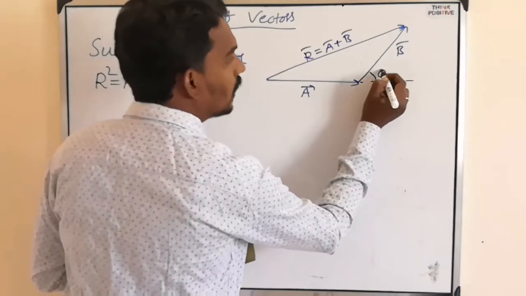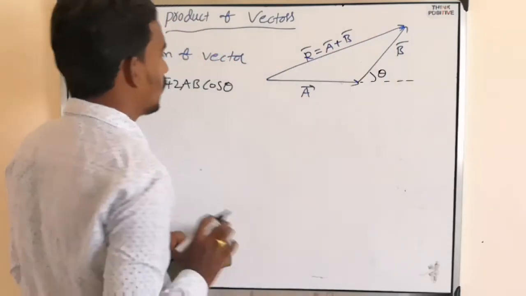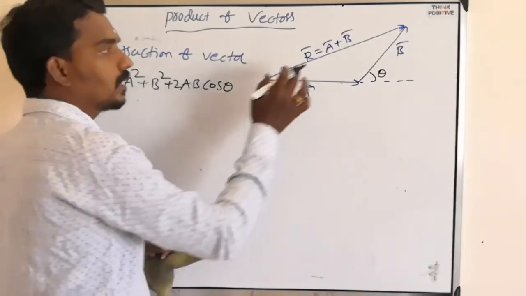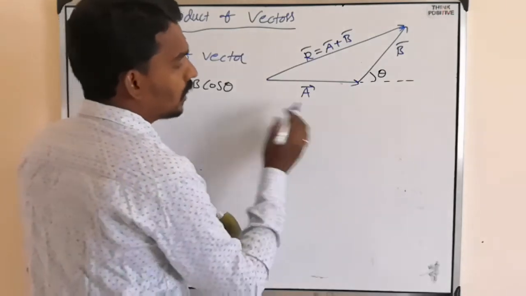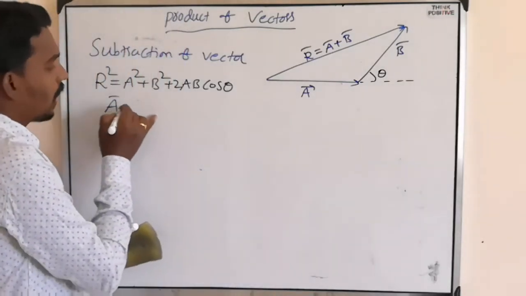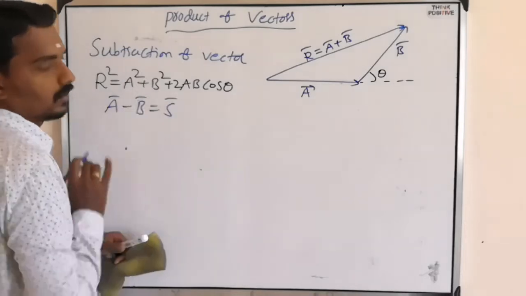Then R is the magnitude of A bar plus B bar. But now we want A bar minus B bar.